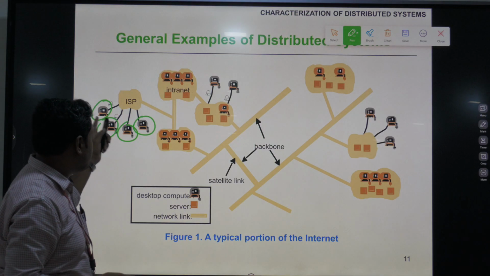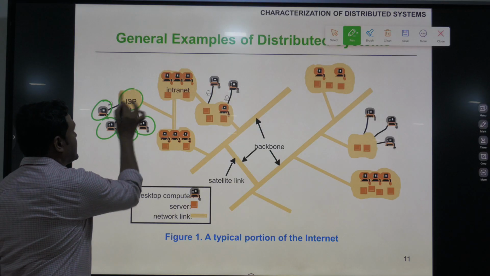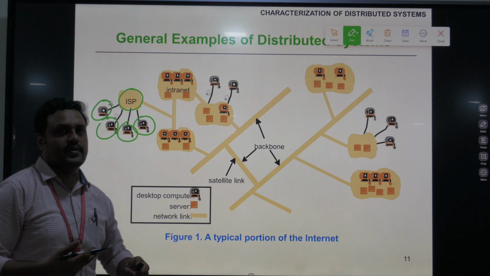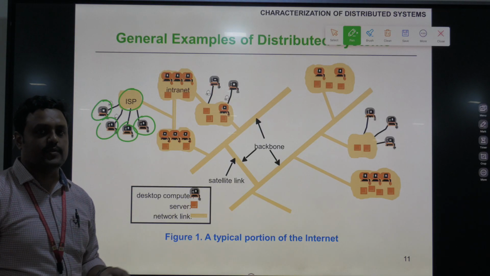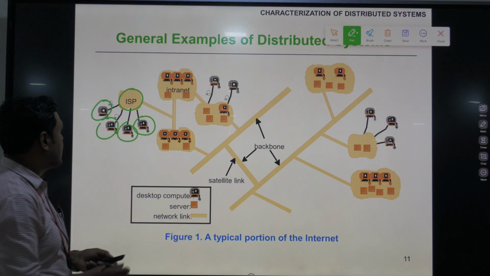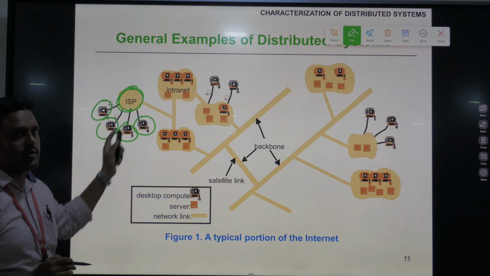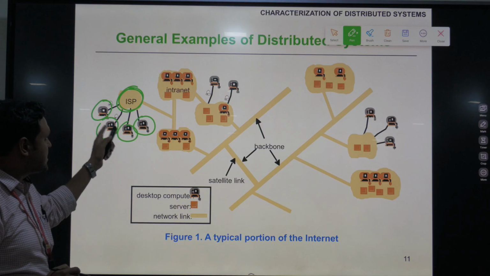All the desktop computers, personal computers, are connected to the internet service provider, like we have connected with our network service providers like AT&T or Jio. We are going to have the internet service provider where all the devices are connected to it.